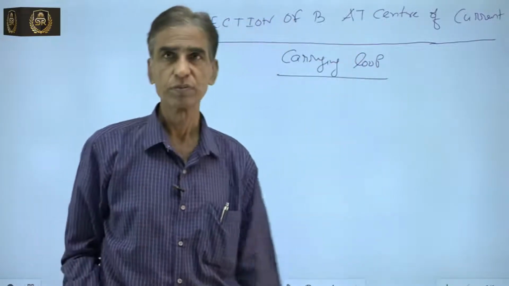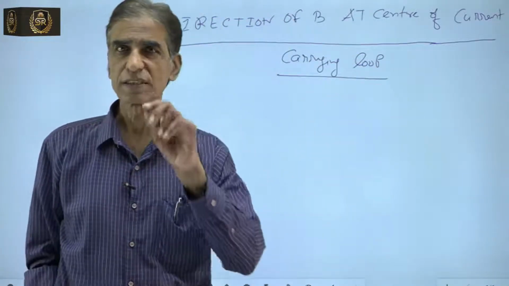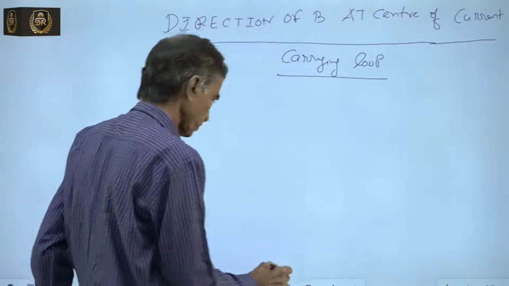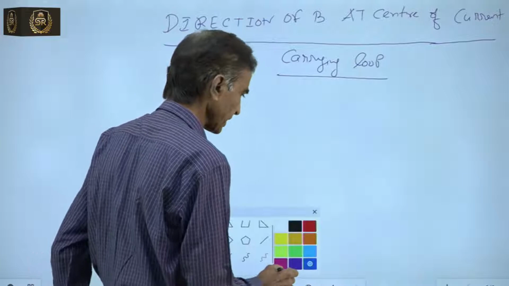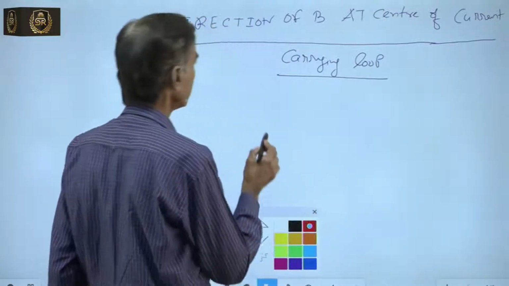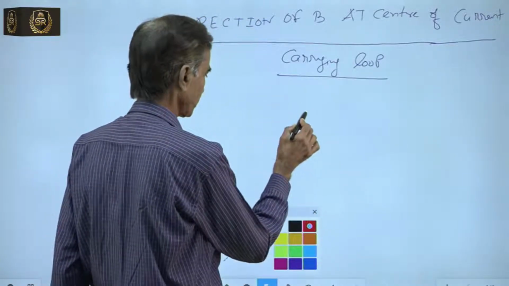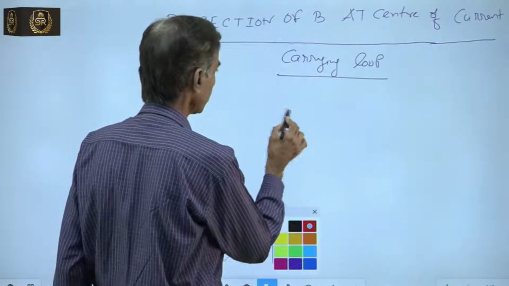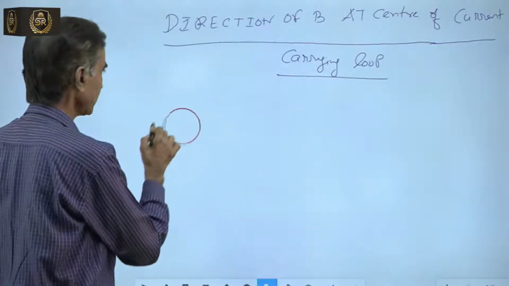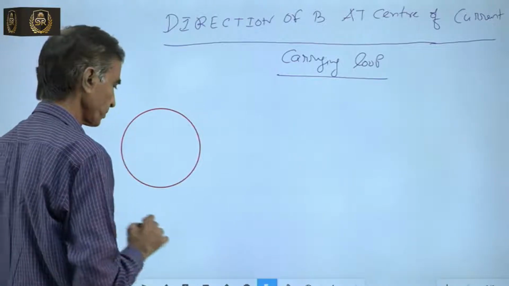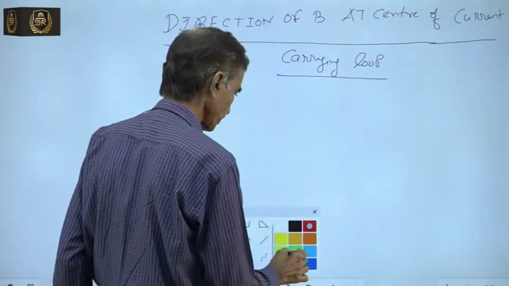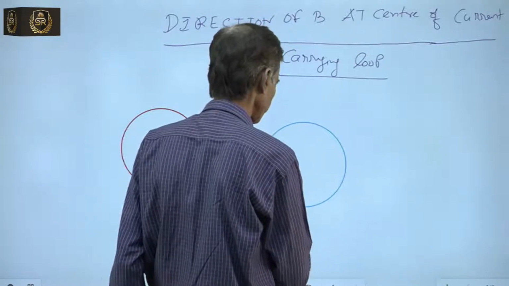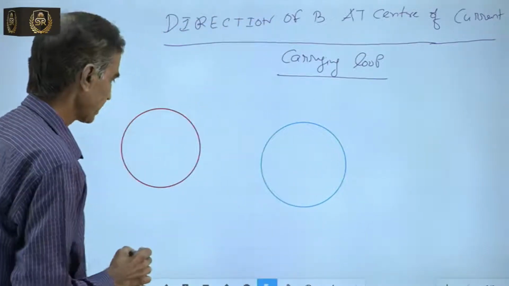Now let us take two currents, clockwise and anti-clockwise. First we will take clockwise. So this is a clockwise current here, and next an anti-clockwise current. Two currents we are taking now.